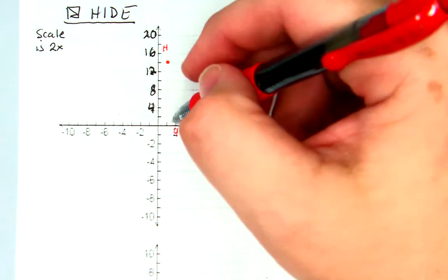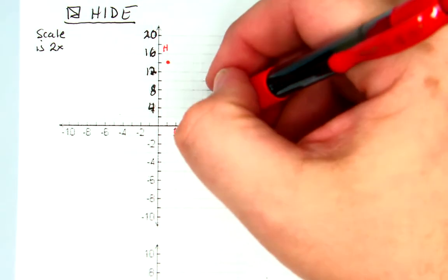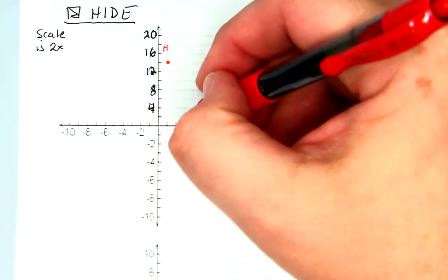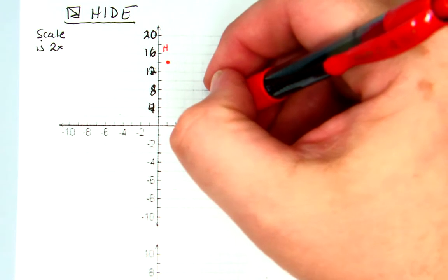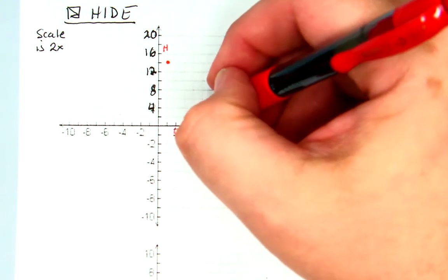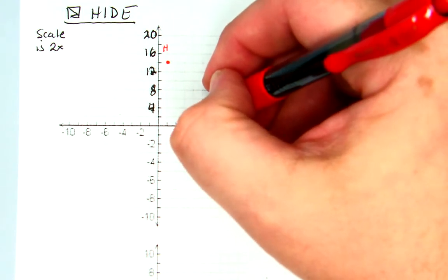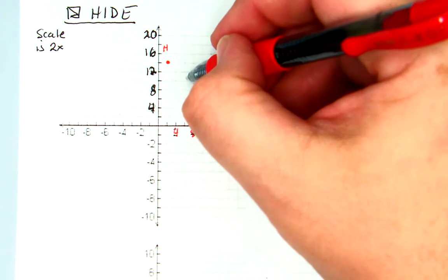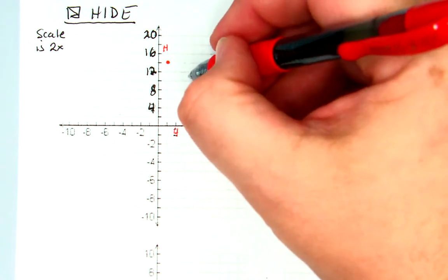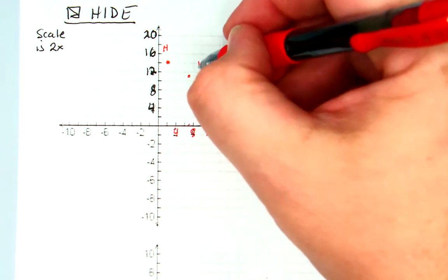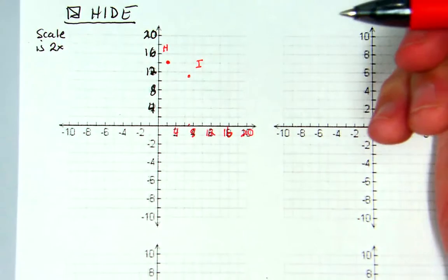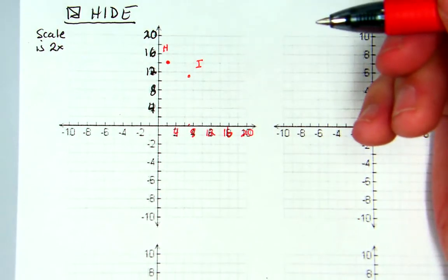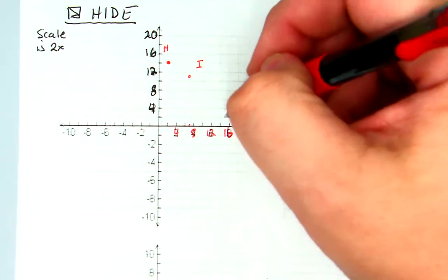I is at (7, 11). So 4, 5, 6, 7. 7's halfway between the 6 and the 8, so it's right there. And then we go up to 11, so we're going to be kind of right in the middle of that box. There's I. And then we're going to get D, which is at (11, 1).